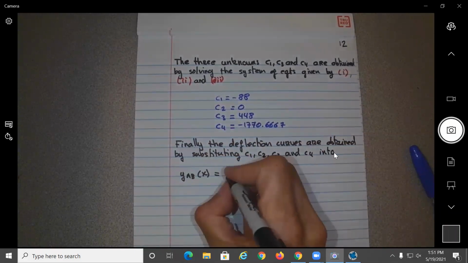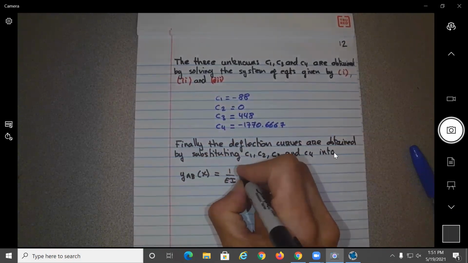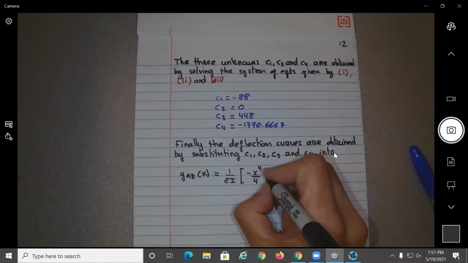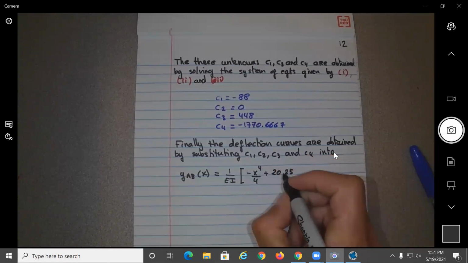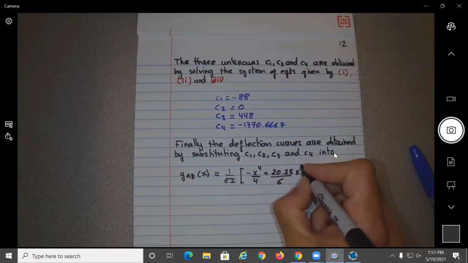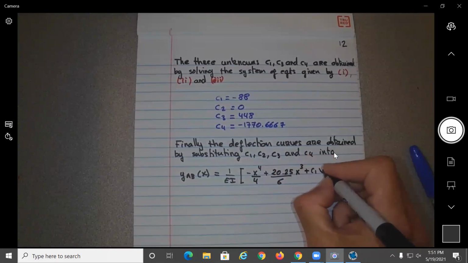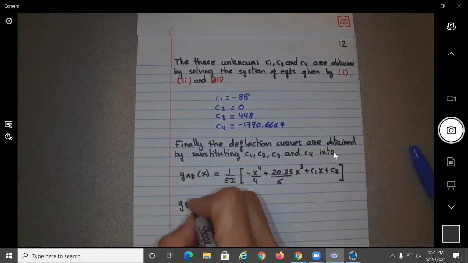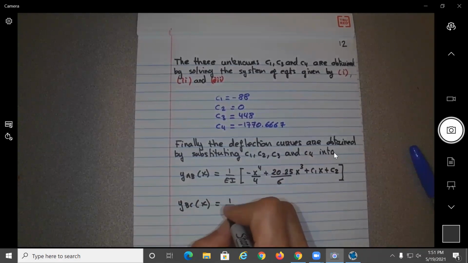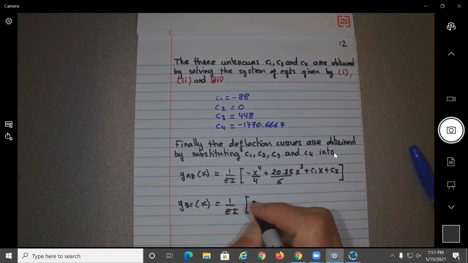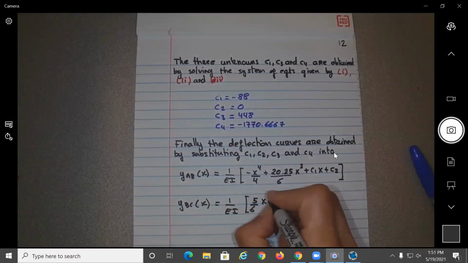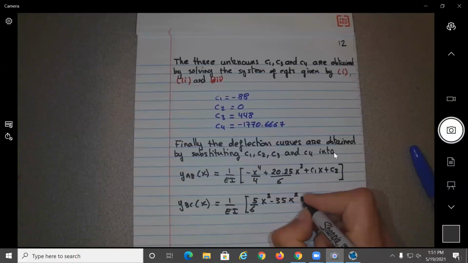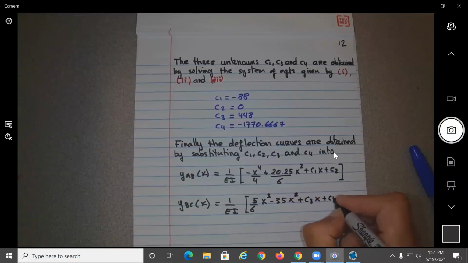So this one is 1 over EI of minus x to the 4 divided by 4 plus 20.25 divided by 6 x cubed plus C1x plus C2, and YBC of x is 1 over EI of 5 over 6 x cubed minus 35 x squared plus C3x plus C4.